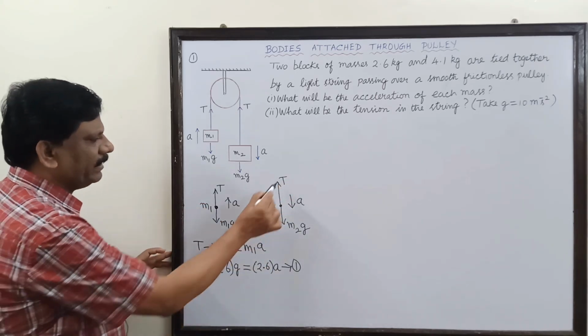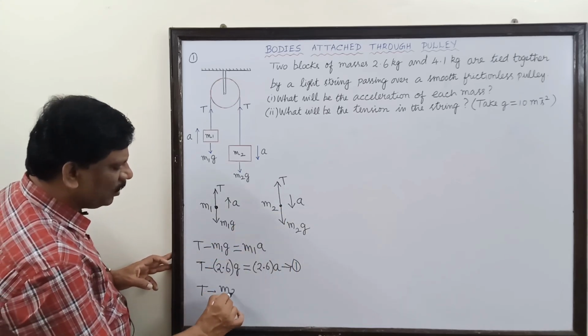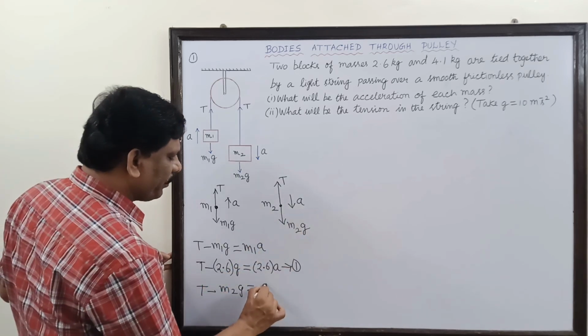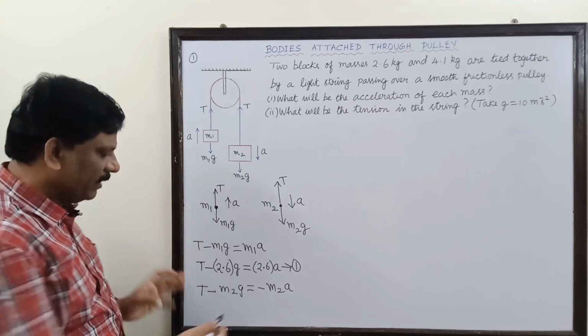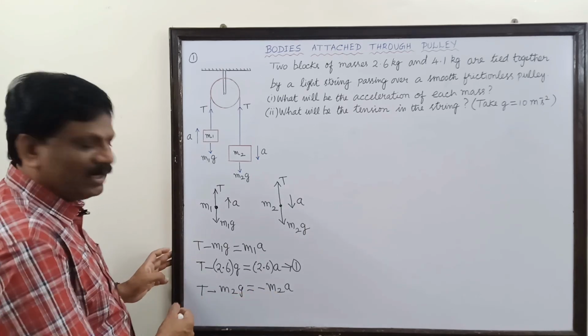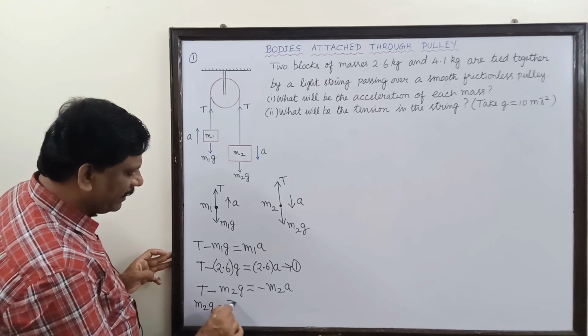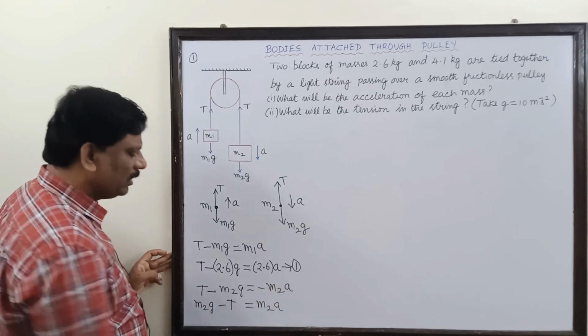So T minus M2 into g is equal to minus M2a. I will multiply by negative sign on both sides so that this can be written as M2 into g minus T. This will become positive, so this is M2 into a.